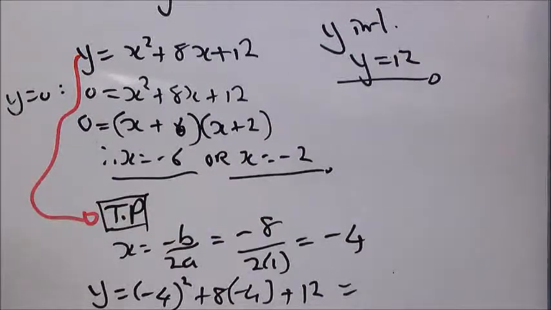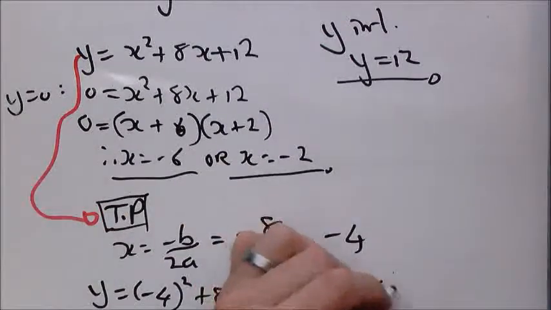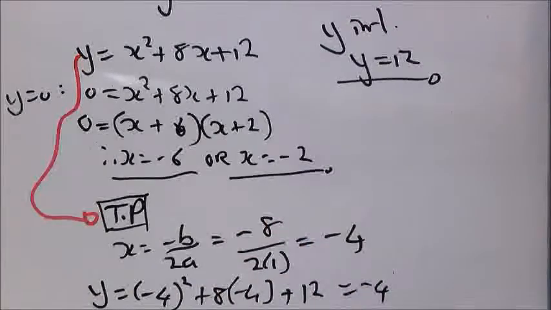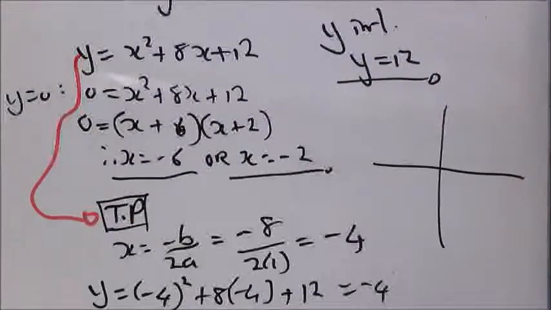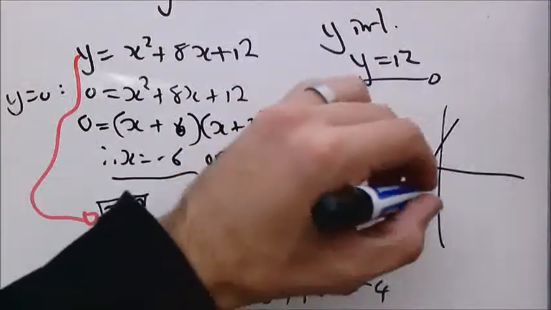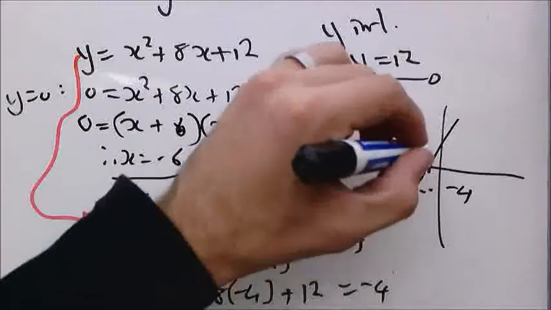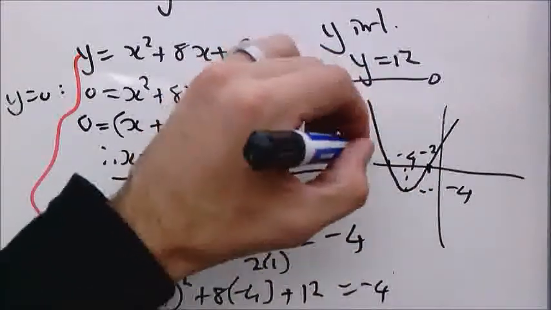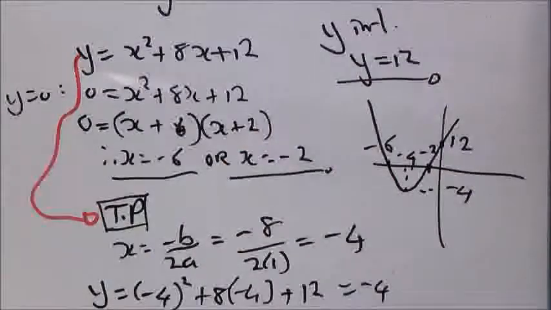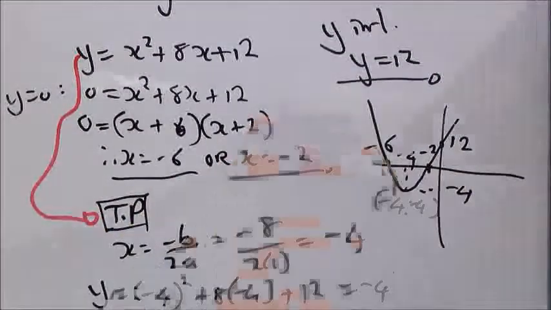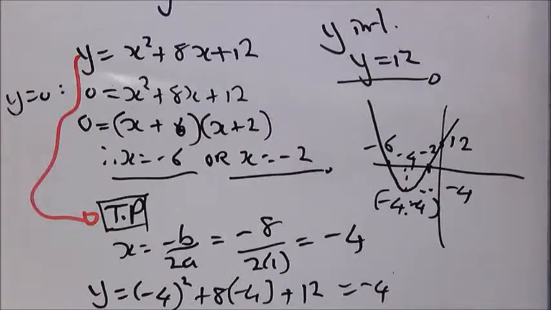And funny enough, in this case y is also equal to negative 4, and that gives us the coordinates of our turning point. So this graph will have the turning point (negative 4, negative 4), x-intercepts at negative 2 and negative 6, and y-intercept at 12. So there you have everything that you need from this graph.